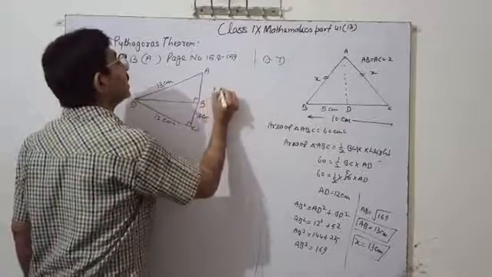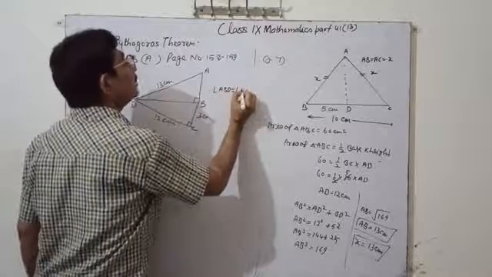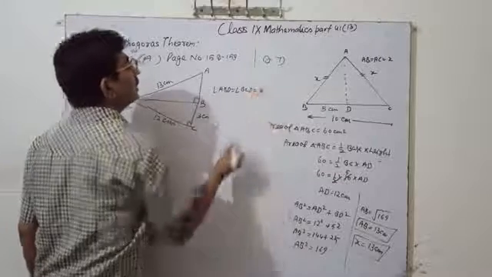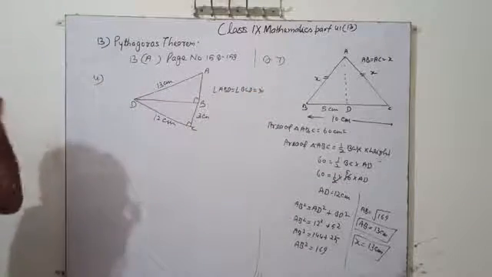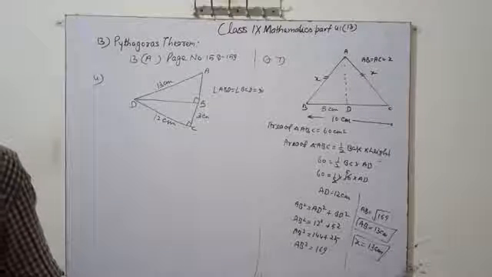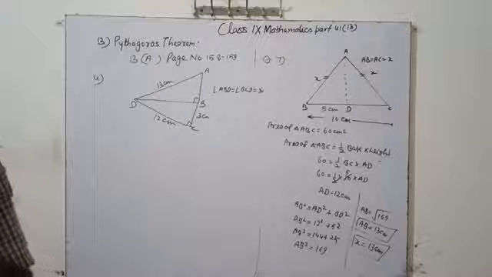And angle ABD equal to angle BCD, each of are given here 90 degree. Now we have to calculate the length AB.